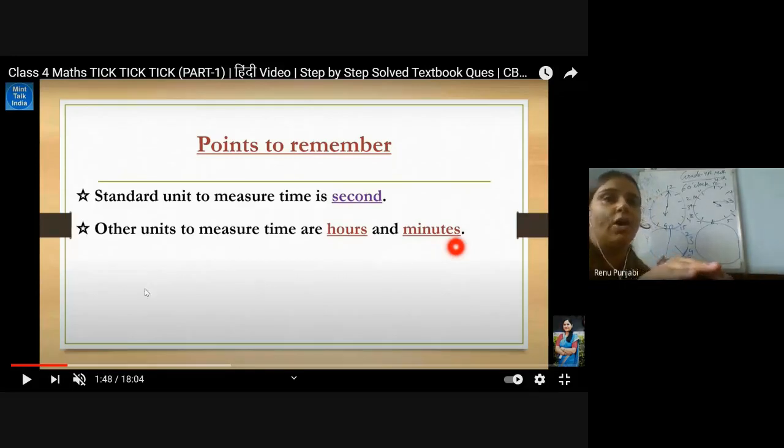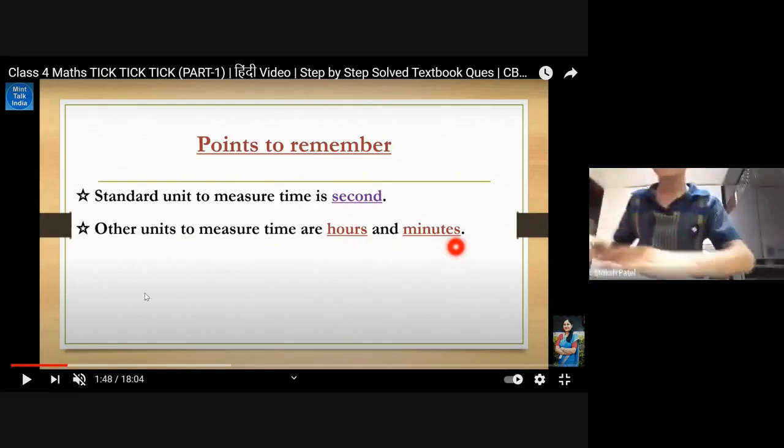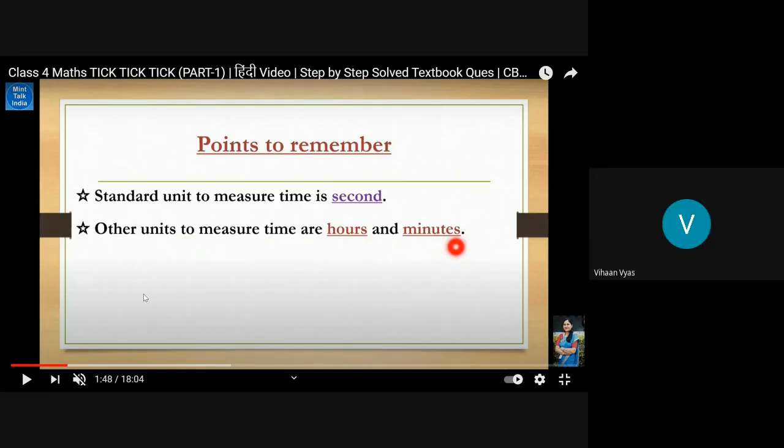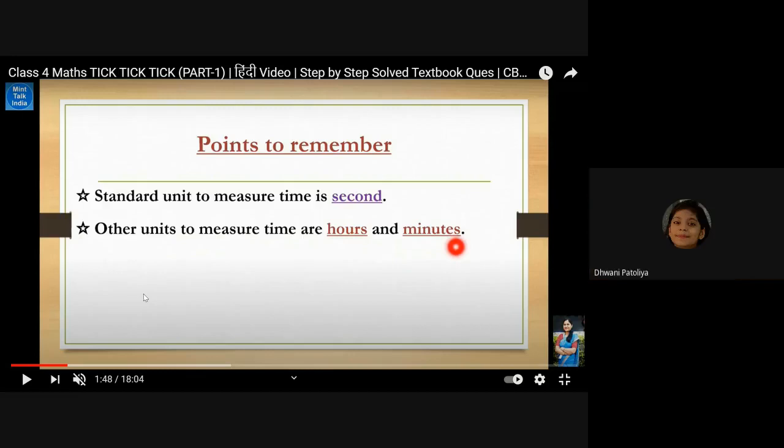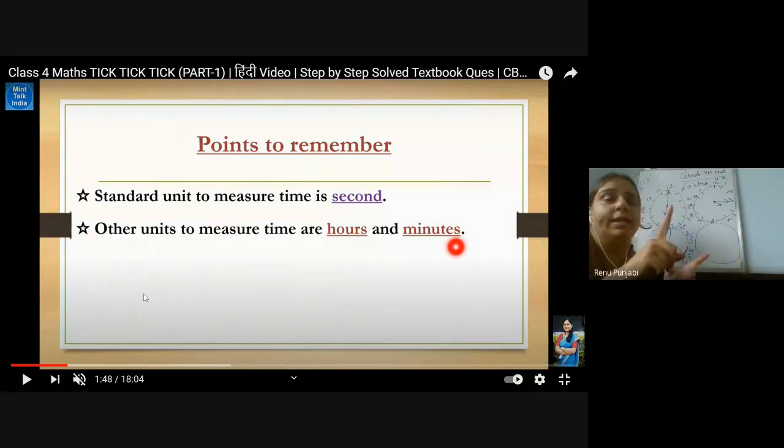1 hour equals how many minutes, students? 60. And 1 minute equals how many seconds? 60 seconds. So in 1 hour, 60 minutes, how many seconds?